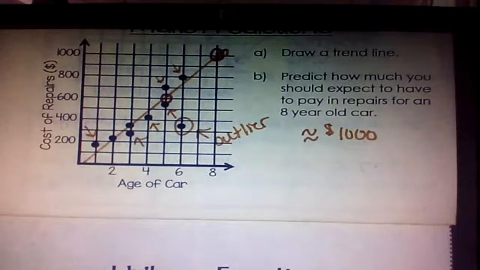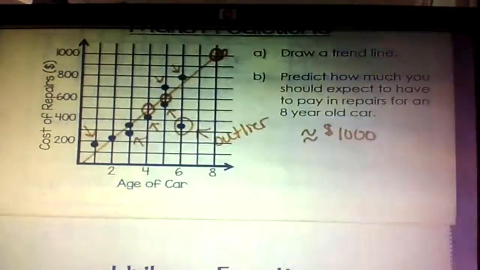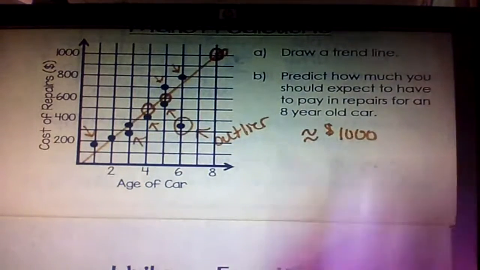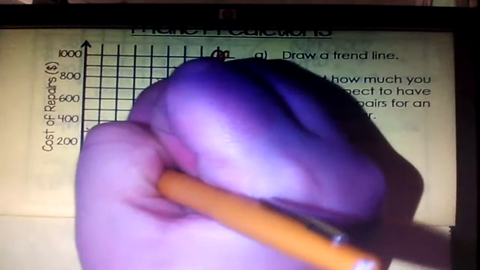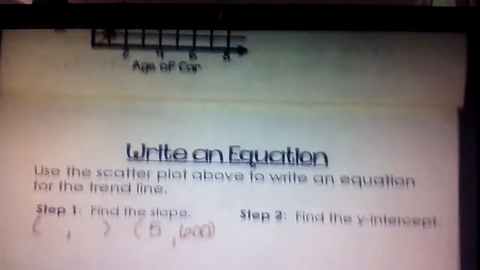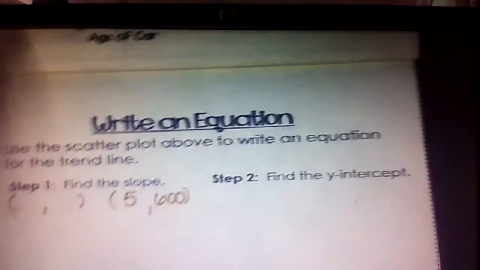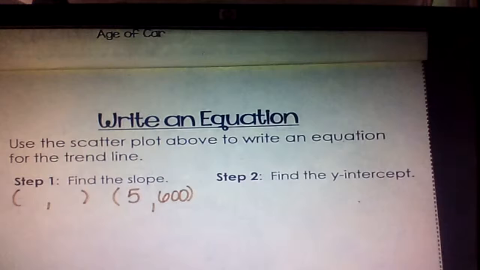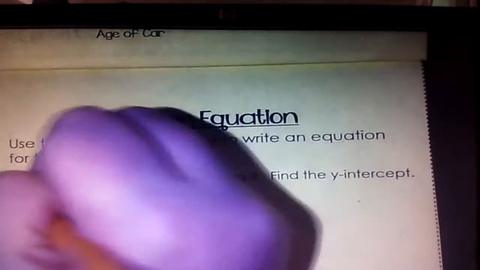You said 4 and 500? Okay. You could use 4 and 500. You could even use 1 and 100 way down here. Okay. So which one do we want to use? I got 5 and 600. Do you want to use 1 and 100 or 4 and 500? 1 and 100. Okay. 1 and 100.